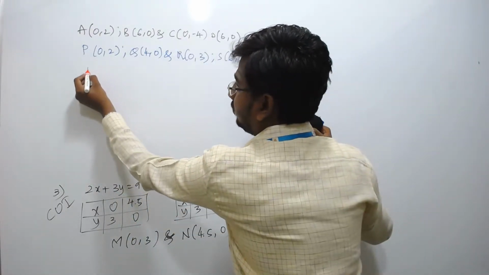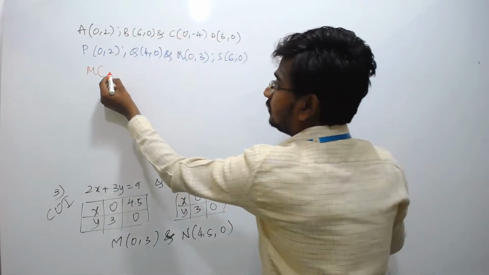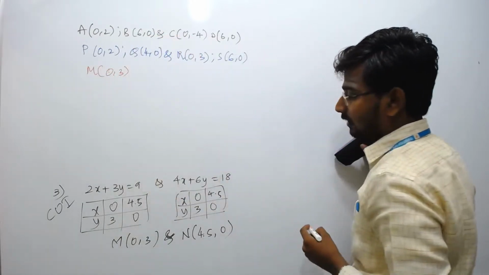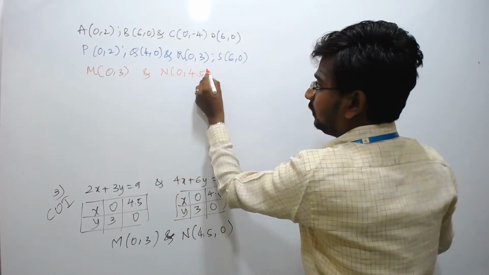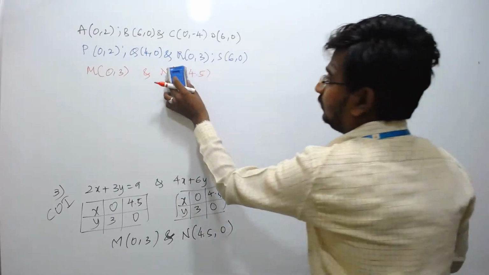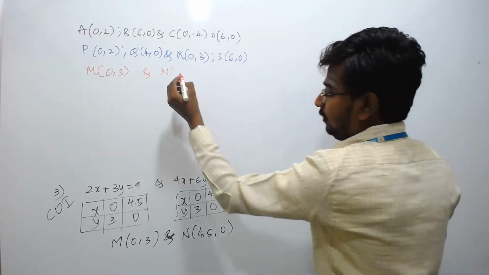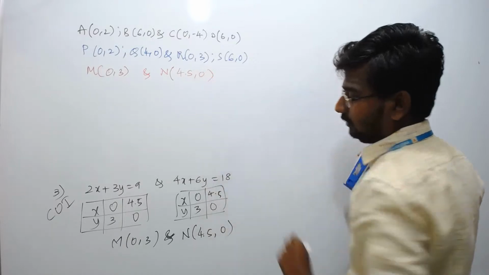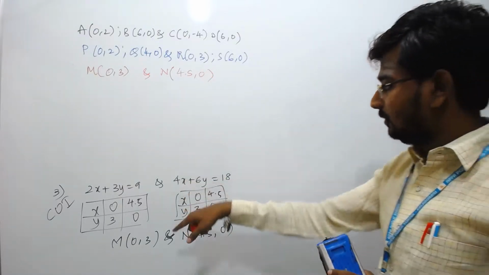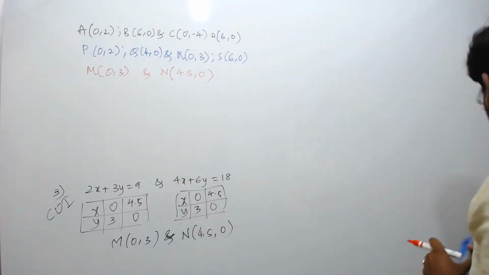So M and N common, M point 0, 3 and N point 4.5, 0. Sorry. M and N are 0, 3 and 4.5, 0.